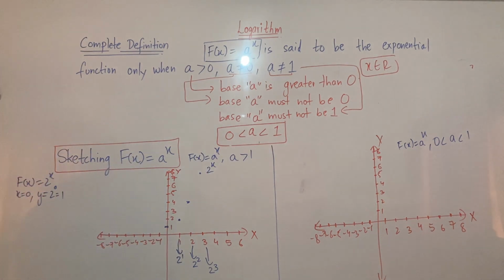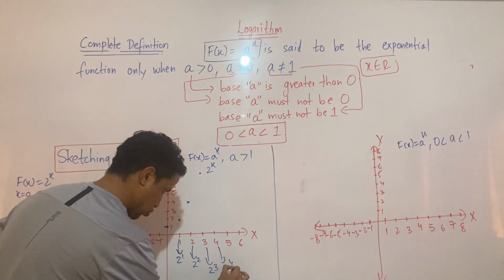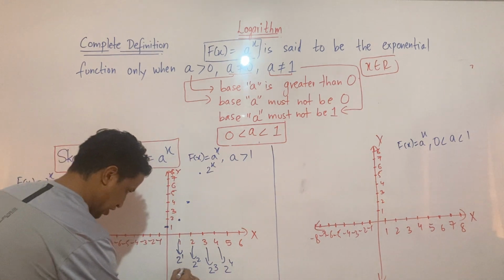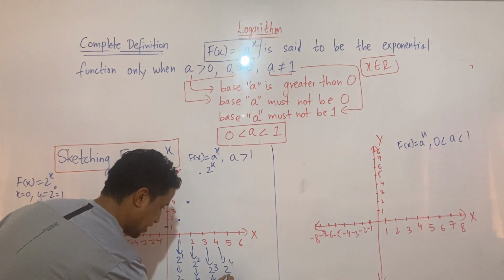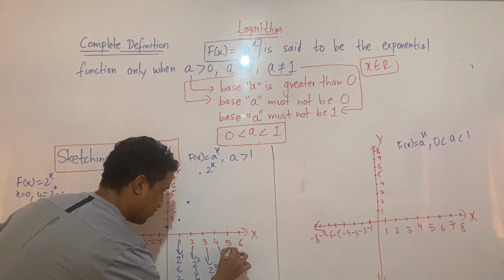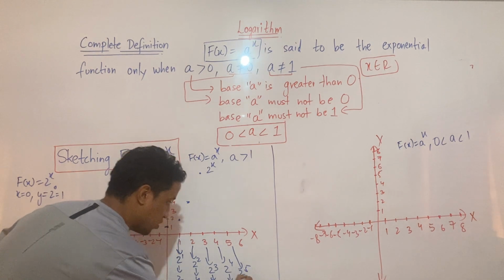Okay, on this point it's going to be 2 raised to the exponent 4, which is 2 here, 2 here, 4 here, 8 here, 16. And for the next one, it's going to be 2 raised to 5, 32.